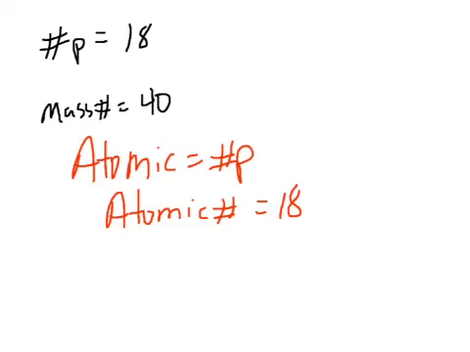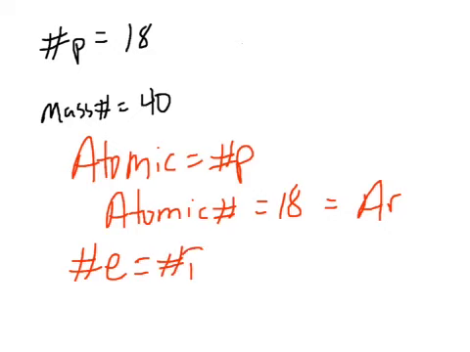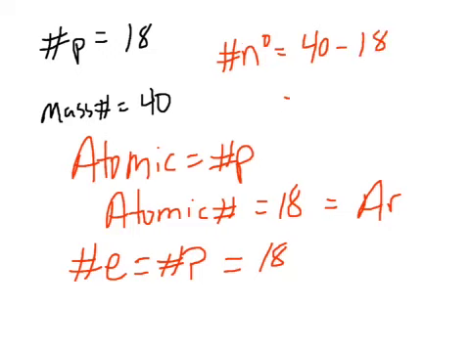If you go back to the periodic table and look up number 18, you'll find out that argon is your element. The number of electrons is equal to the number of protons, so the number of electrons is equal to 18. And finally, the number of neutrons is equal to the mass number, 40, minus the protons, 18, so the number of neutrons here would equal 22.